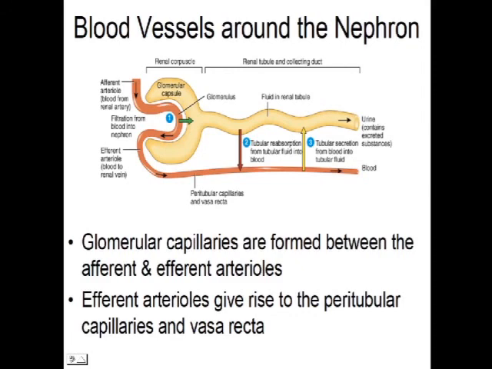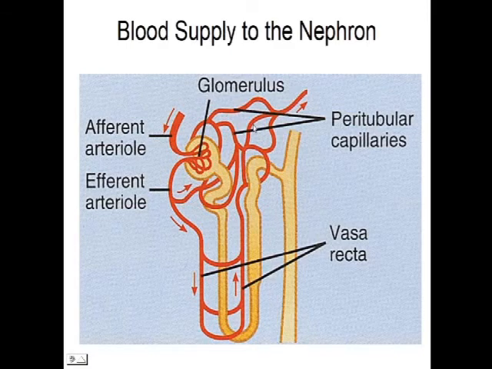The efferent arterioles give rise to the peritubular capillaries and vasa recta. This is the peritubular capillary and the vasa recta. The peritubular capillaries and the vasa recta are parallel with the tubules. So this is the blood supply to the nephron.